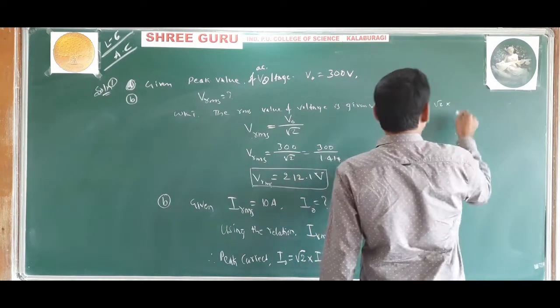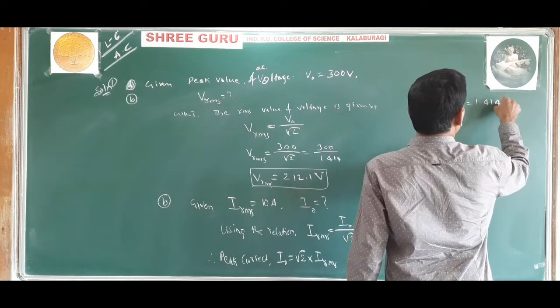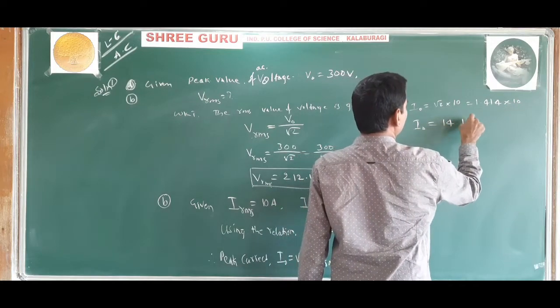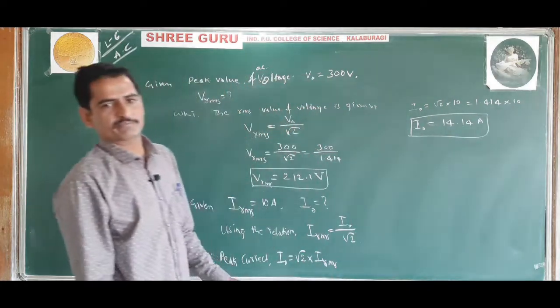IRMS is 10 ampere, so that is 1.414 into 10, which becomes 14.14 ampere. So this is the maximum value of current, that is the peak value of current.